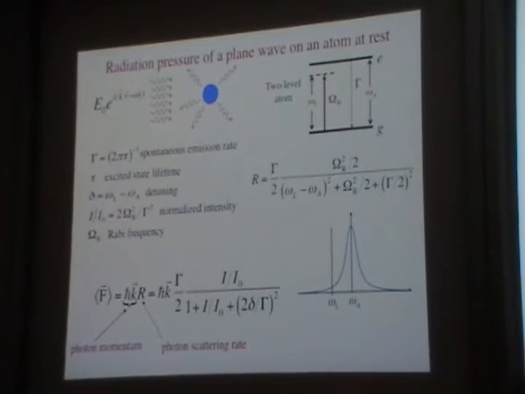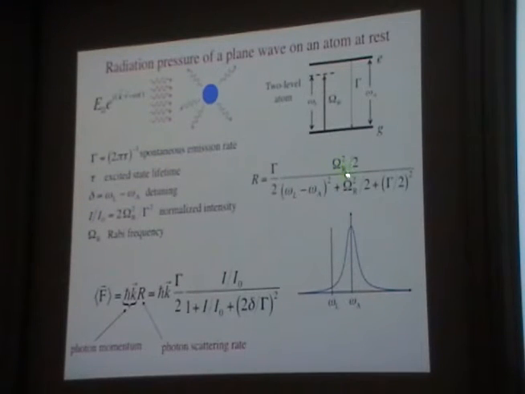So you can actually do an analysis either using a classical Lorentz model of an electron on a spring or a more detailed 2-level calculation. And you find that the rate of scattering photons looks like this. It's given by this Lorentzian form here, where the rate at which you can scatter photons excited by this laser, omega sub L, depends on the relative detuning between the laser and the atom, here given by omega sub L minus omega sub A, which we denote by little delta.